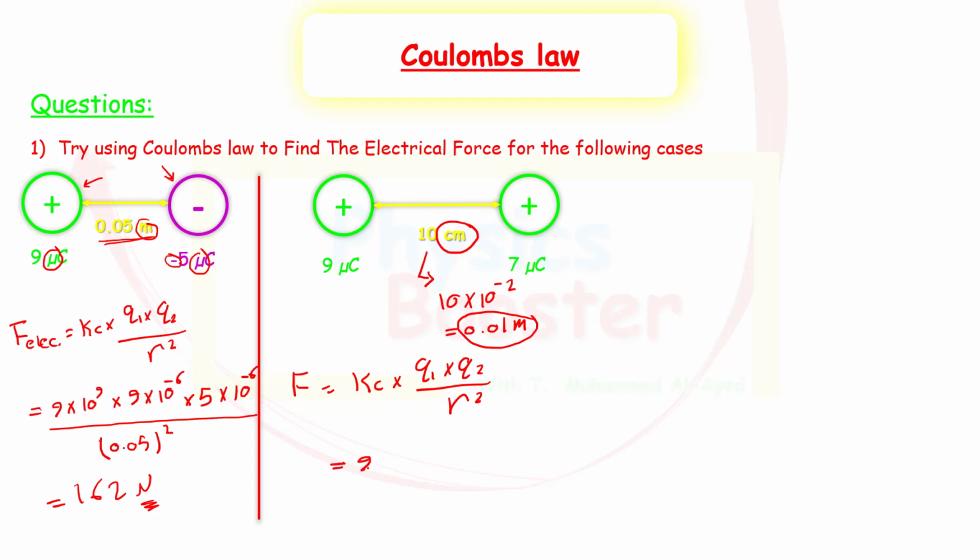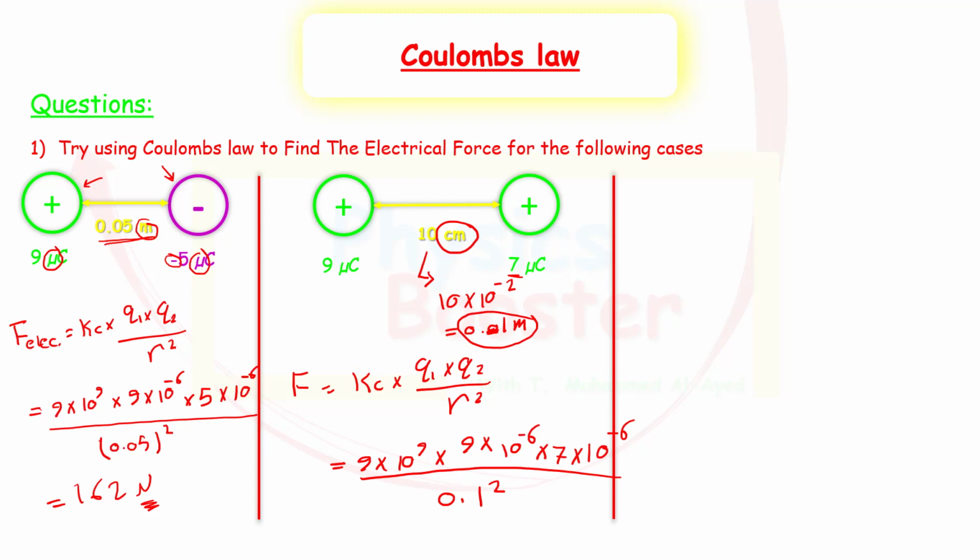So it will be 9 multiplied by 10 to the power 9, multiplied by Q1, which is 9 microcoulombs, 9 multiplied by 10 to the power negative 6, multiplied by the second charge, 7 multiplied by 10 to the power negative 6, divided by the distance, which is 0.1, not 0.01, squared. And we can use our calculators to find the answer.